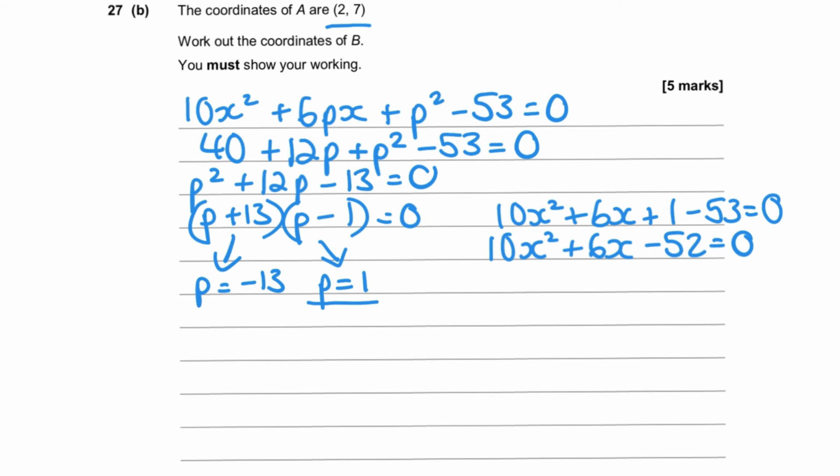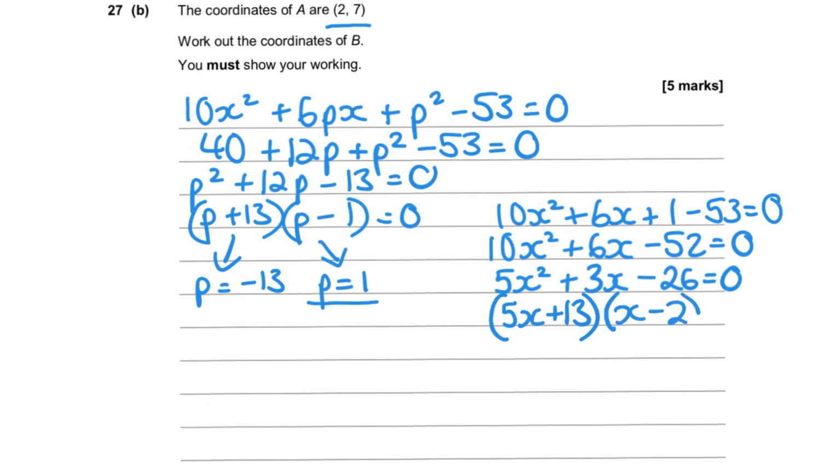I'm going to start by dividing everything by 2, so that leaves us with 5x squared plus 3x minus 26 is equal to 0. We're looking for two numbers that multiply to make minus 130, because that's 5 times minus 26, but add together to make 3. So in our brackets, we're going to have 5x plus 13, and x minus 2, which we would expect because we were told that the x coordinate for A is 2.